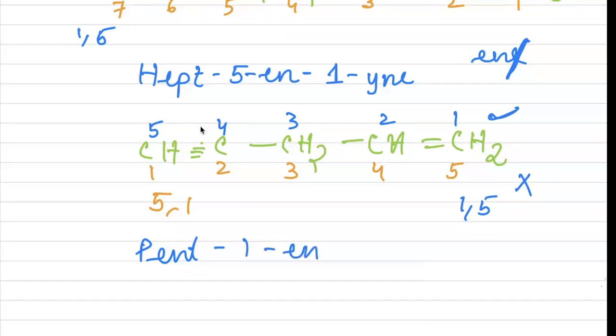Ma'am, please repeat this part once again. Okay, I'm repeating. Just see the numbering with the blue one. If we do the numbering with the blue one, the locants of the double bond and triple bond are 1 and 4. And for the yellow one also, the numbering is 1 and 4.